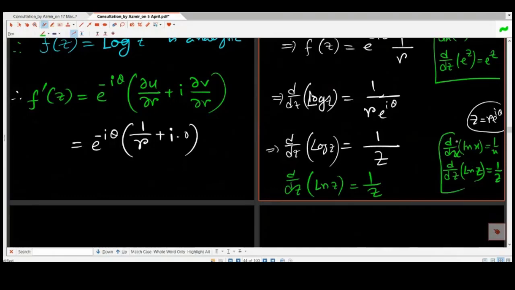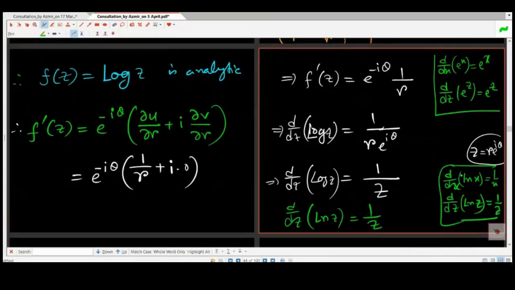So the derivatives that we have learned from differential calculus for real valued functions, in complex valued functions we are getting the same derivative. d/dx of e to the x is e to the x; similarly, in complex variable, d/dz of e to the z is e to the z.